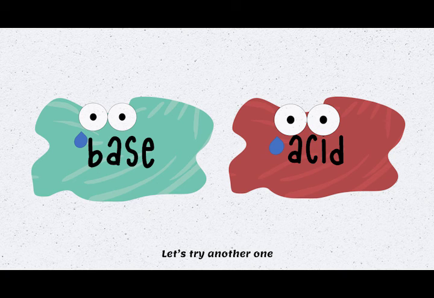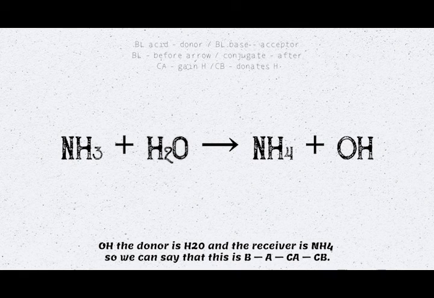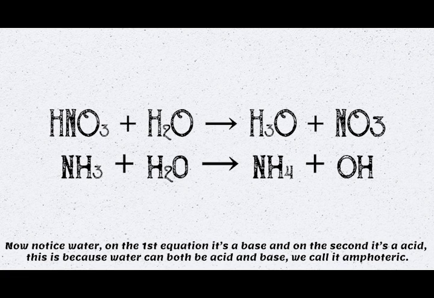Let's try another one. The donor is H2O and the receiver is NH4. So we can say that this is BACACB. Now notice water. On the first equation, it's a base. On the second, it's an acid. This is because water can be both acid and base. We call it amphoteric theory.